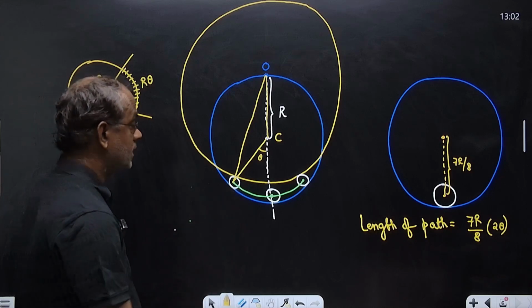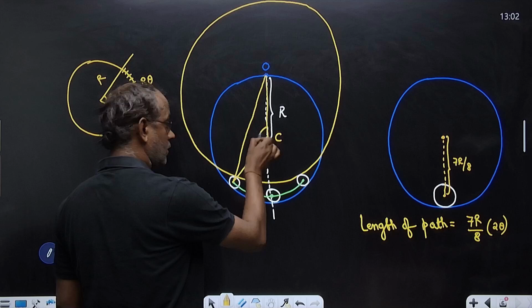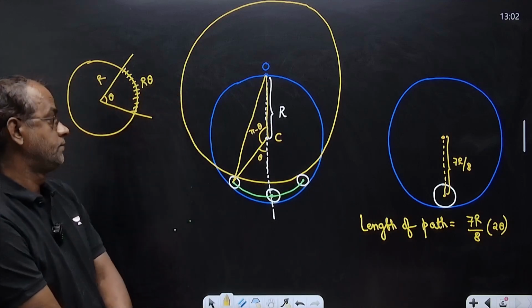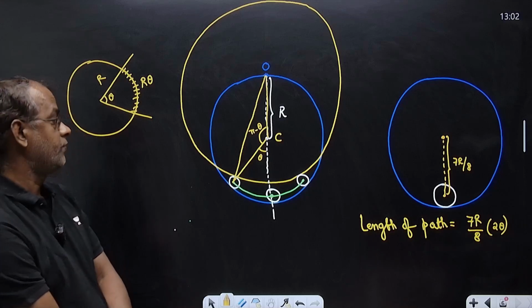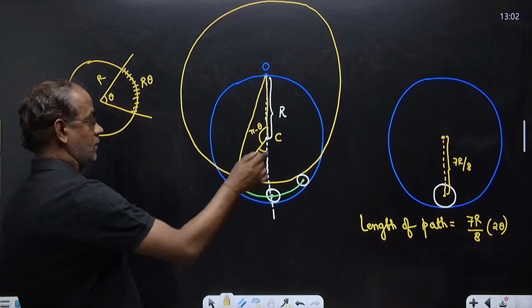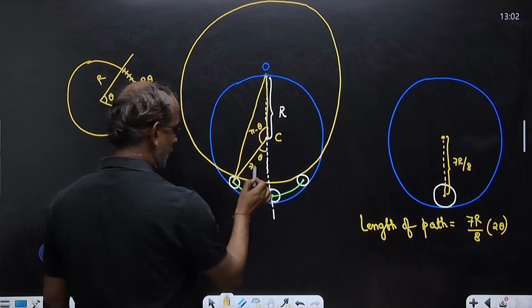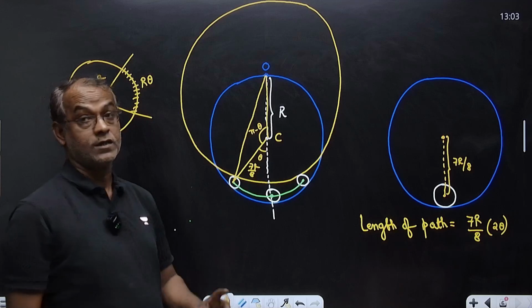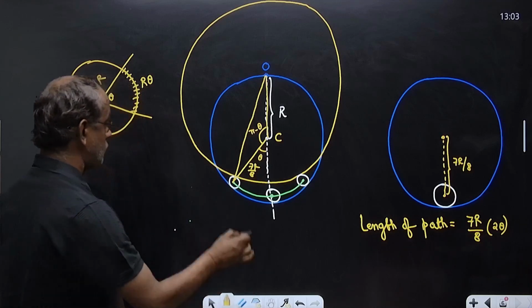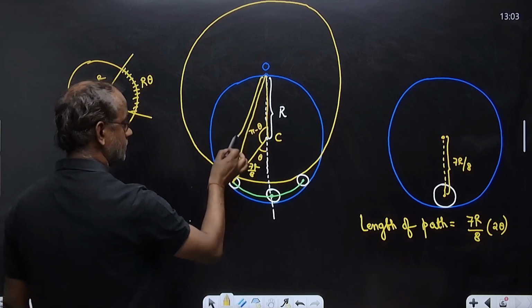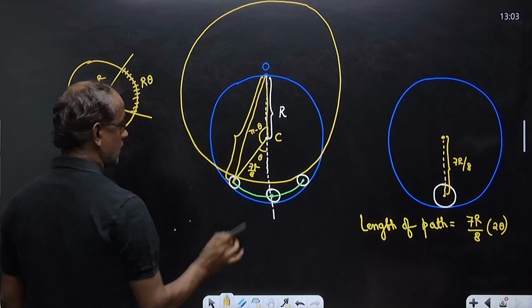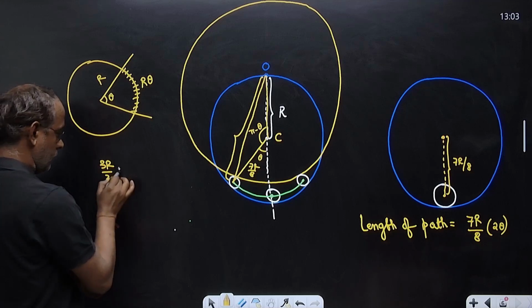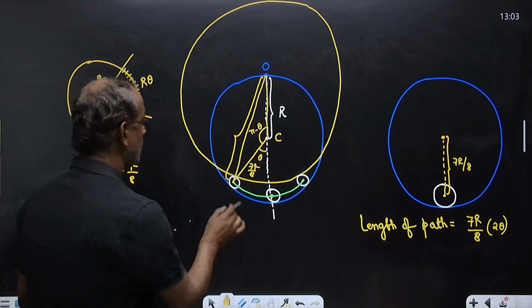Now, can we find this theta? If this is theta, this is going to be pi minus theta. I think the rest we can very easily see. This is r, this is 7r by 8 always. And in the extreme situations, this white circle and this yellow circle are touching each other externally. So what will this side be? 3r by 2 plus r by 8, that is 13r by 8.